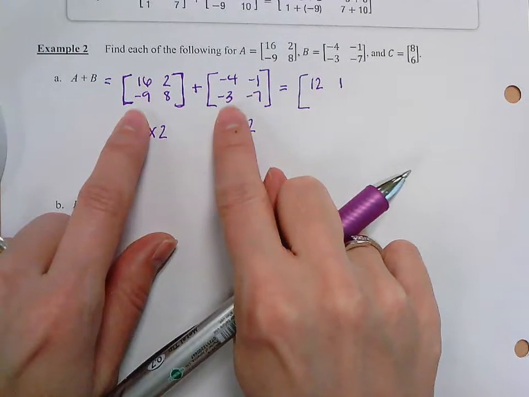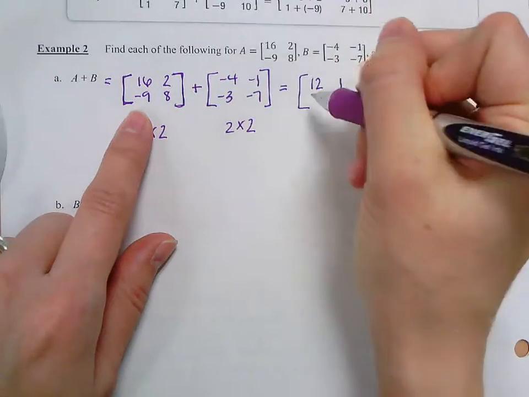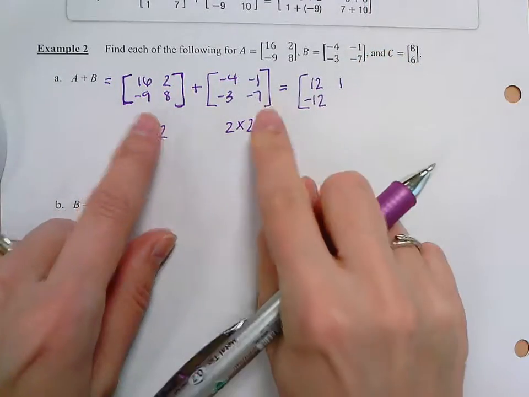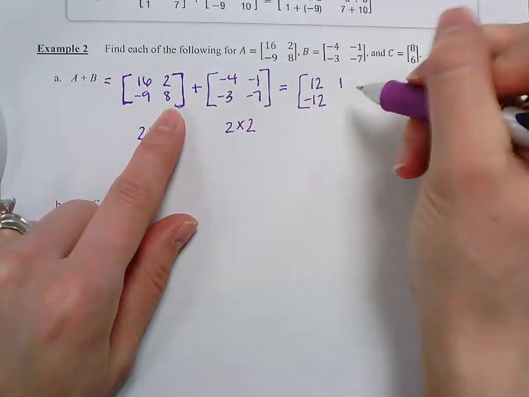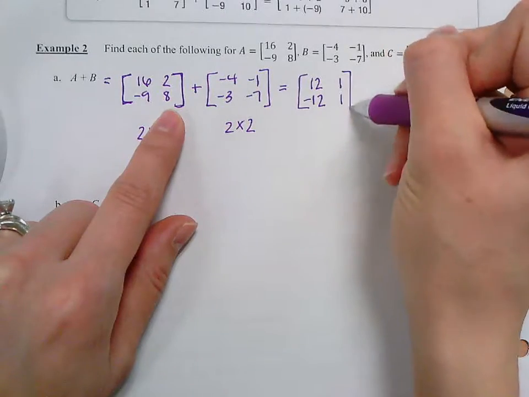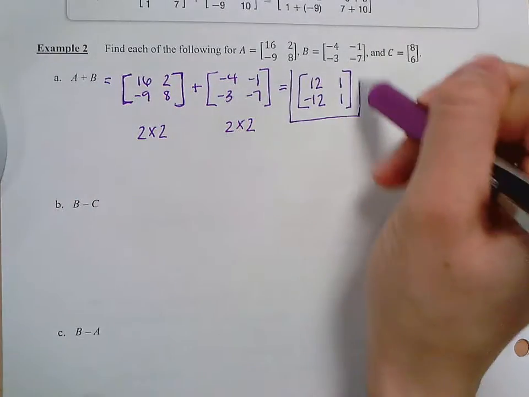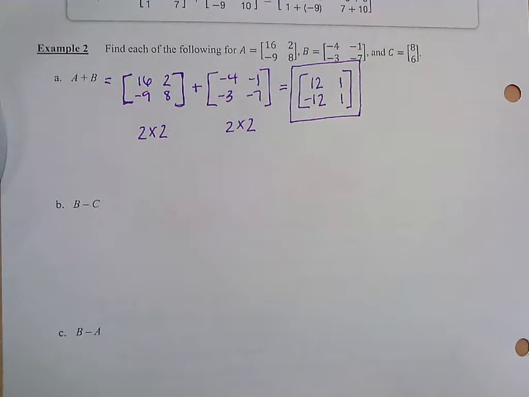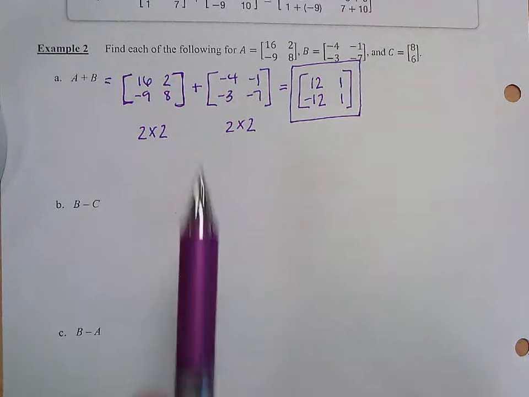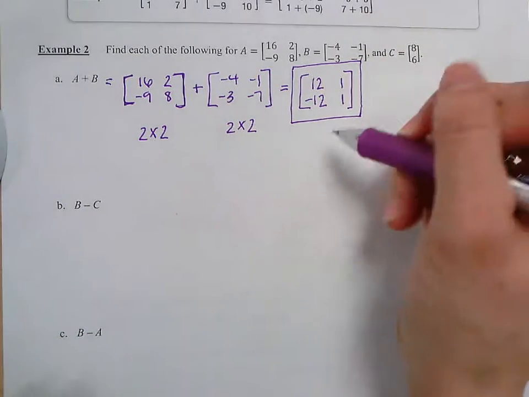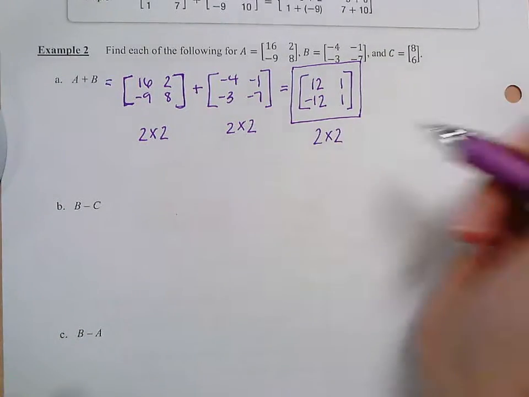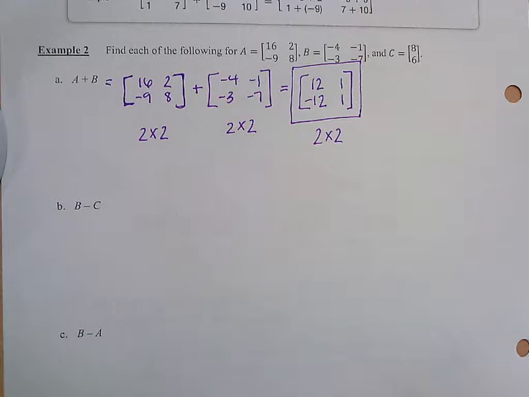Now into row 2, -9 and -3 is -12, and 8 and -7 is 1. So this matrix is my answer. So when you add or subtract two matrices, again, they have to be the same size. Your answer then also should be that same size.